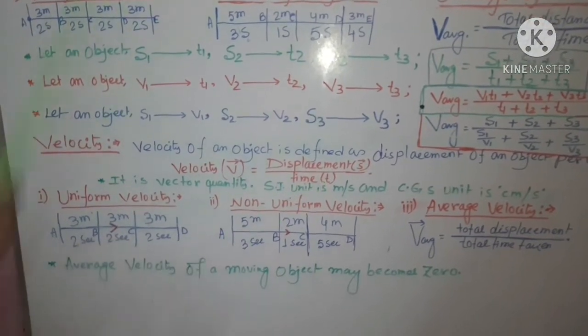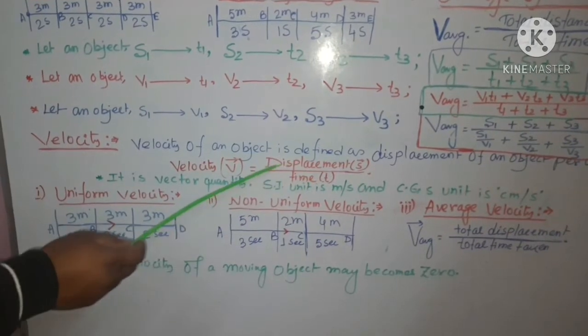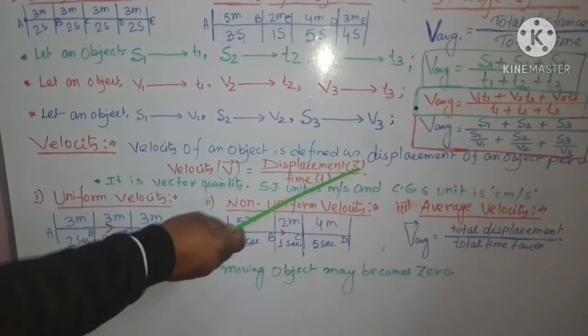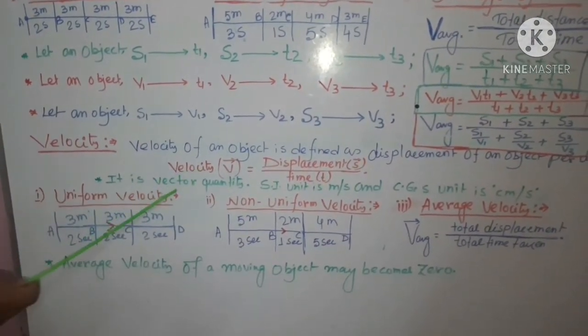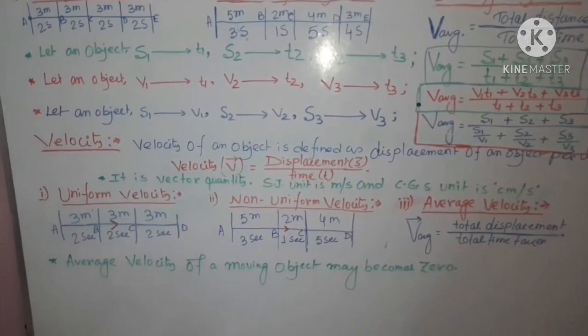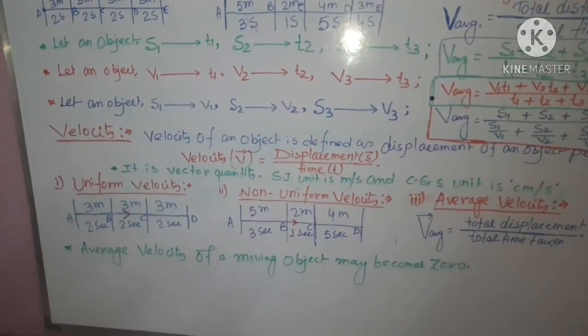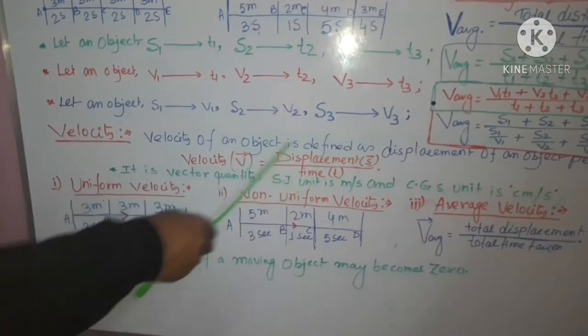Okay, so therefore as velocity is related with displacement, which is a vector quantity, that's why you can say velocity is also a vector quantity. To represent a vector quantity, you can use an arrow over the quantity.